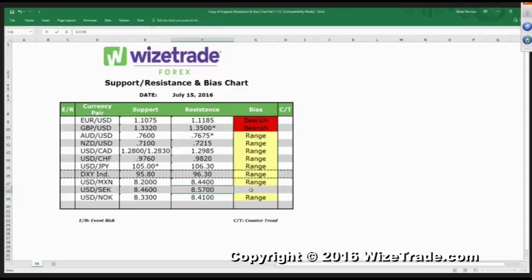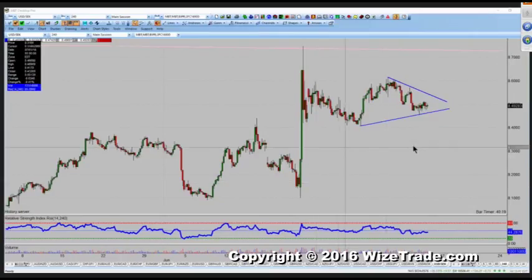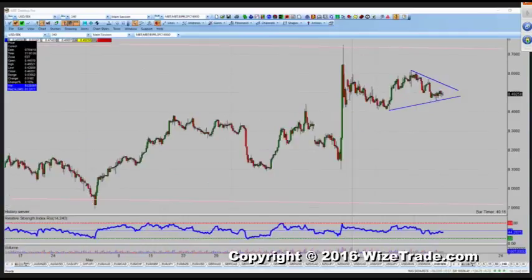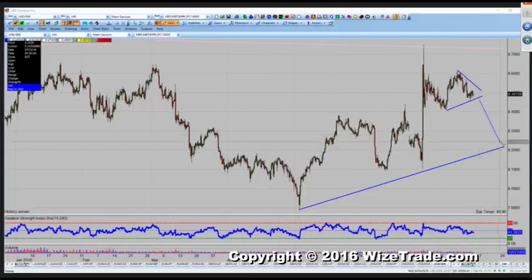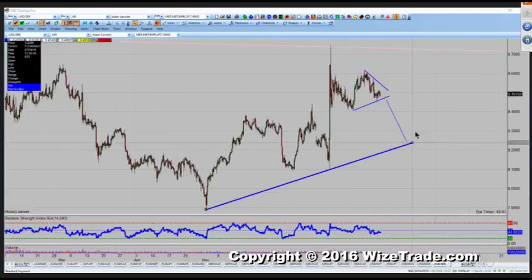Sometimes the market just needs to do a little bit more work to develop a better pattern. And right now, I don't know what that pattern is here on the U.S. dollar Swedish krona. Sure would like to have a dip though. What I would really like to see is this down like that. That's what I'd like to see. Maybe we'll get it. Who knows?